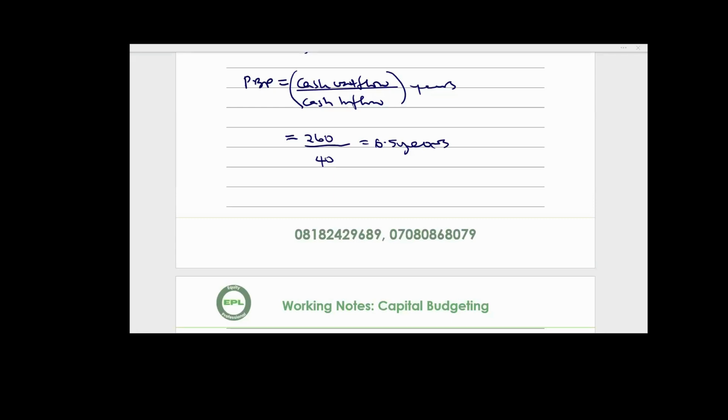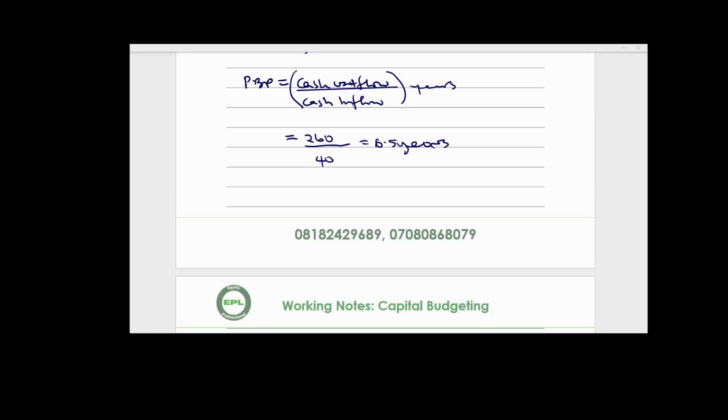Okay, since it takes 6.5 years to get back the cost that was initially invested, then we can say that the project is viable, because apart from getting the cost, there will still be revenue that will be generated.